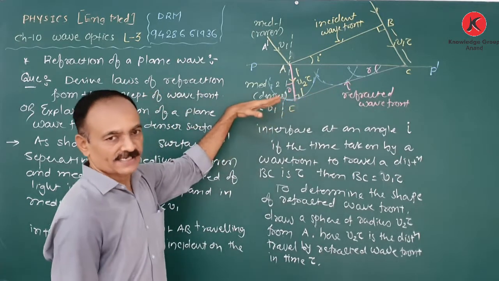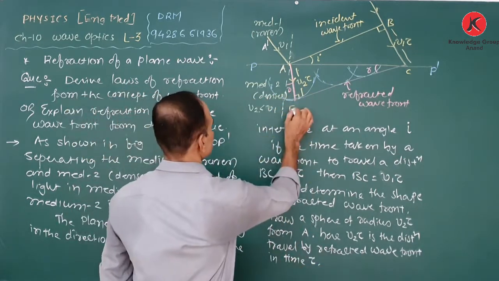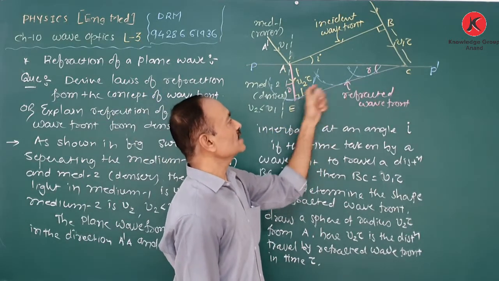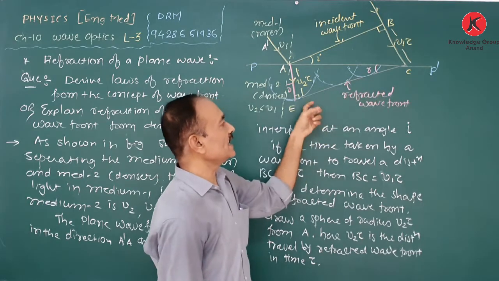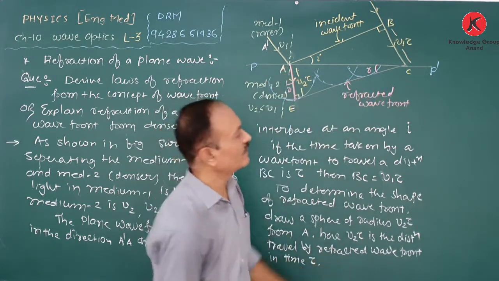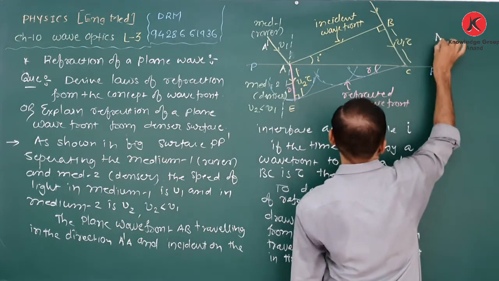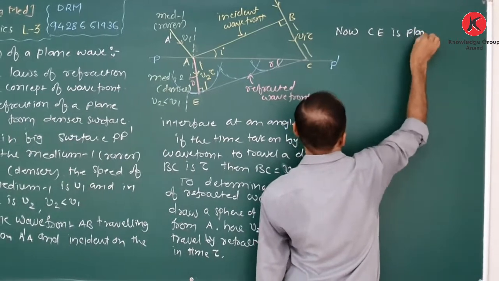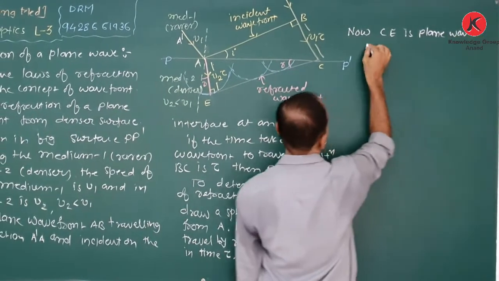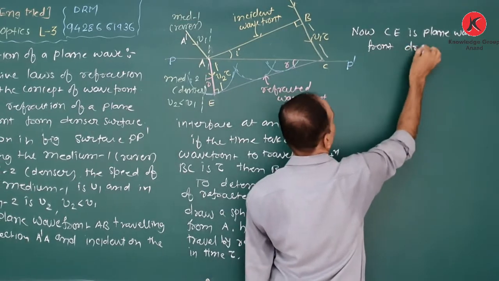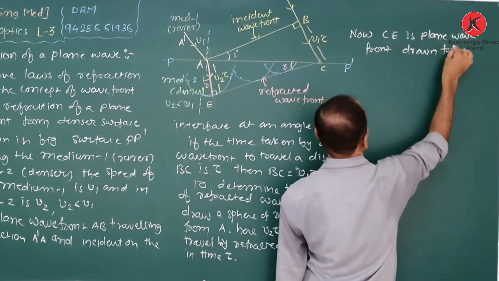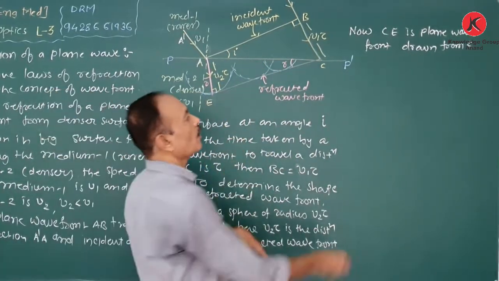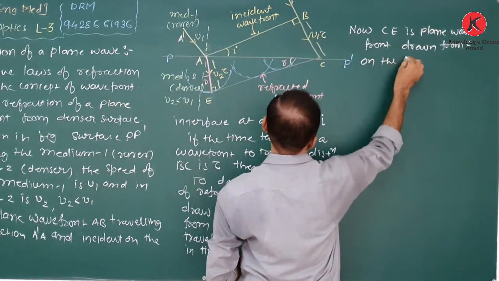Yes, now we draw the tangent. That means in the figure CE is the plane tangent to the sphere. Therefore, CE is the refracted wave front. CE is the plane wave front drawn from C on the sphere.